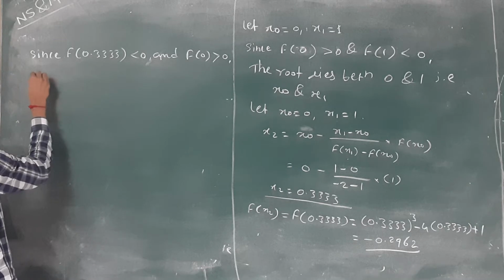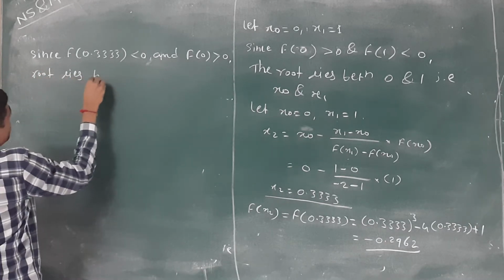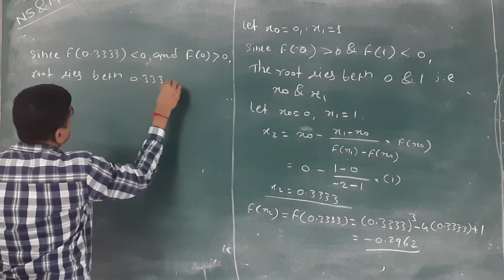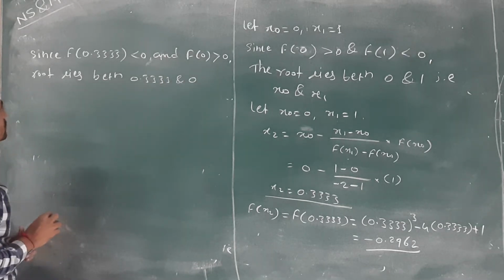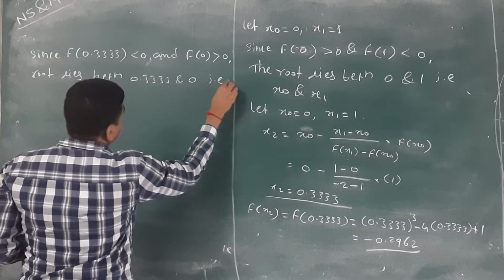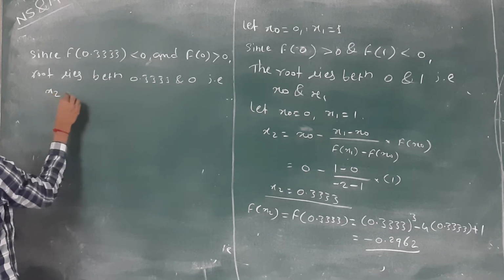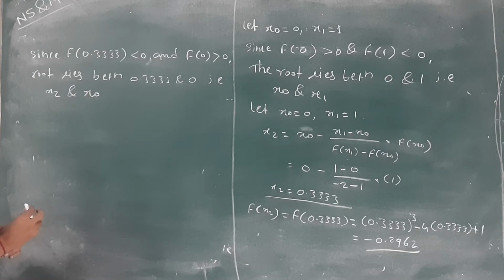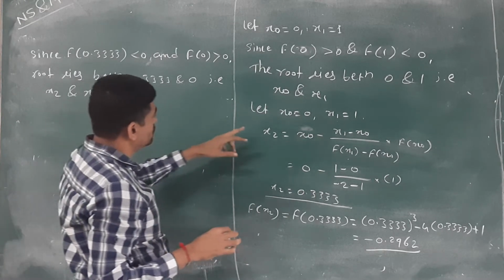Then we can say the root lies in between 0.333 and 0, that is, x2 and x0. Again you will get the x2 and x0 values.